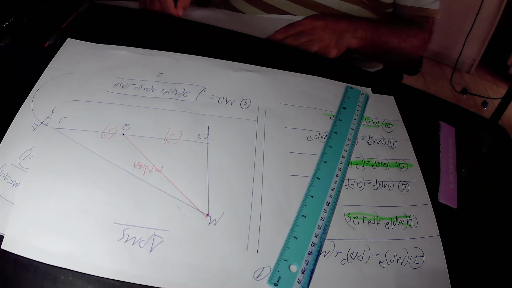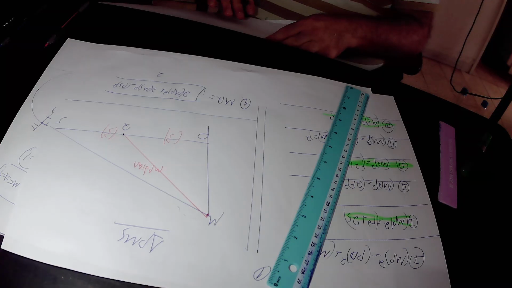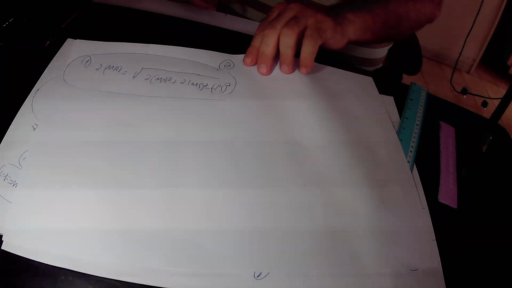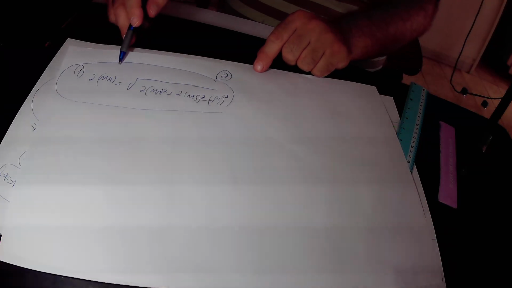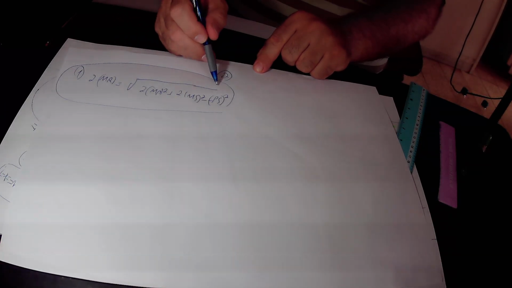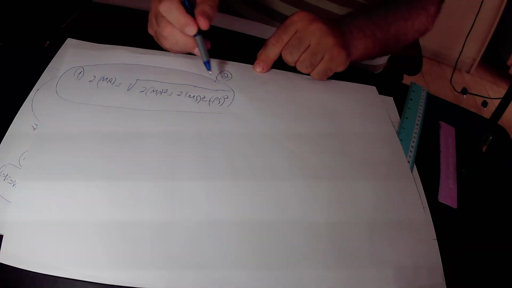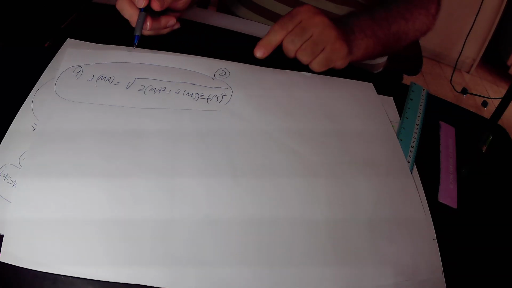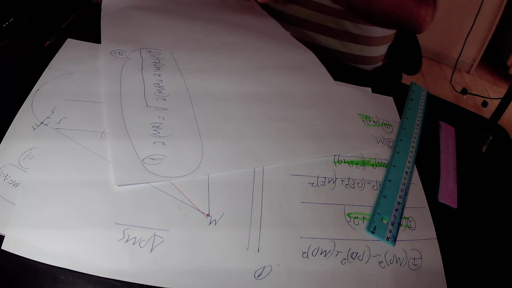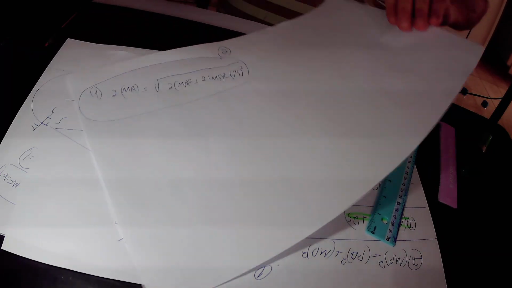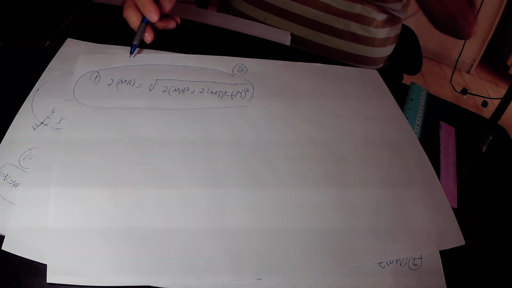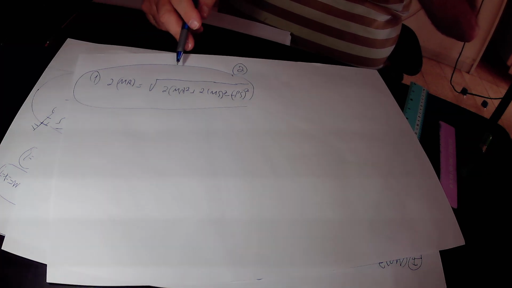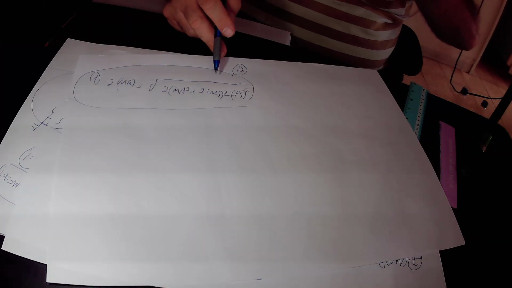After we multiply equation 1 by 2, it is actually multiplied by 2, so it is not divided by 2. So in total, 2 times MQ equals the square root of 2MP squared plus 2MS squared minus PS squared.